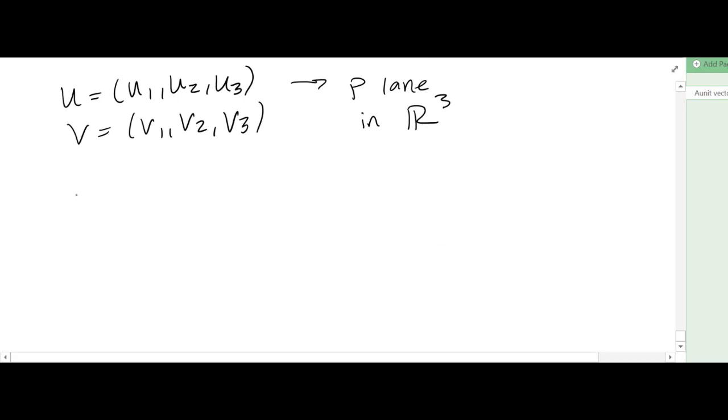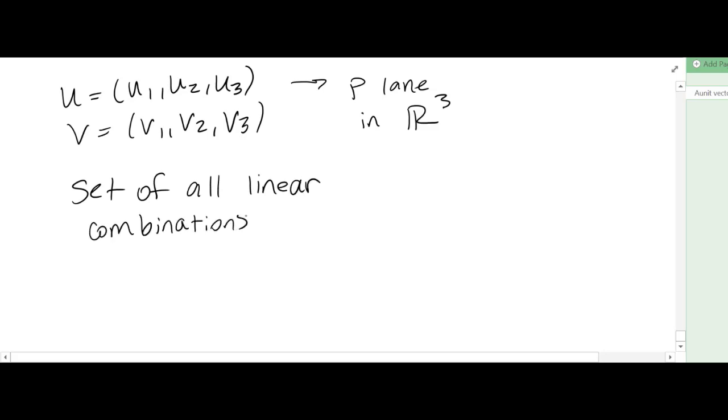Now the set of all linear combinations of three vectors. In general, if u, v, and w are all independent, then the set of all linear combinations of u, v, and w is just 3-dimensional space.